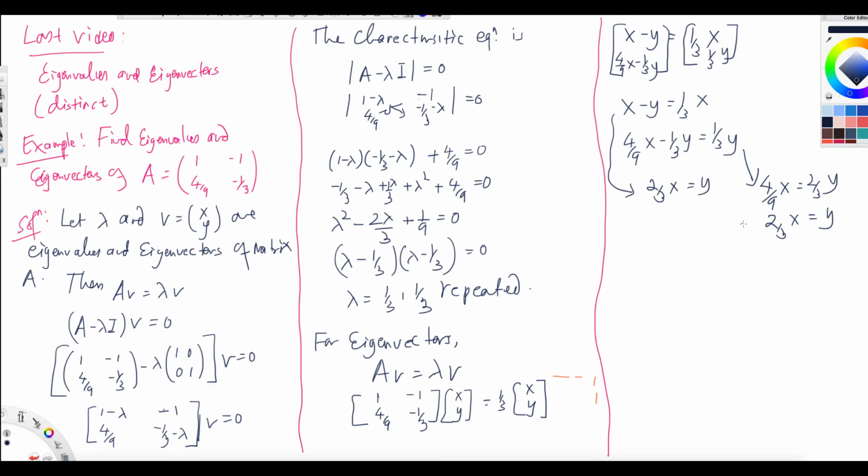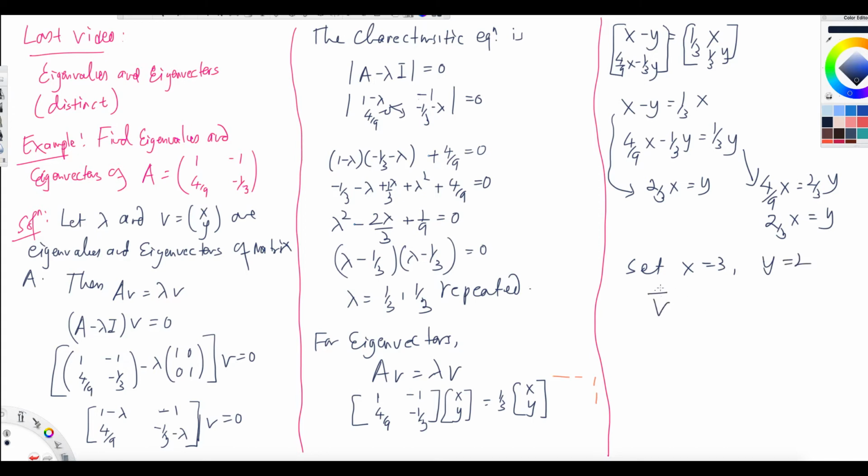Now the equation is 2/3 X equals Y. I need to find the values of X and Y. If I put X equals 3, that will cancel out with the 3, and you get 2 equals Y. So set X equals 3, you get Y equals 2.